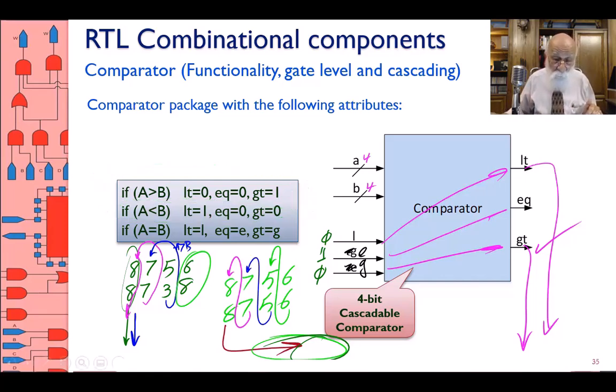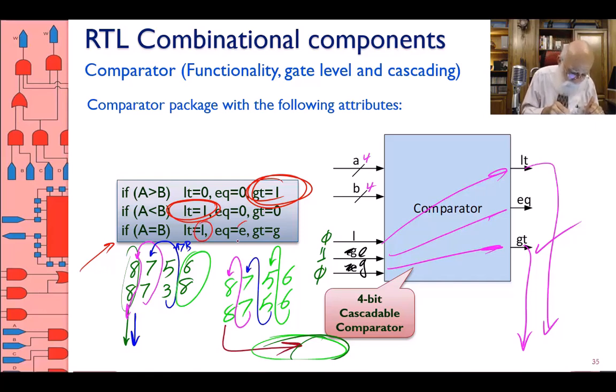You only listen to the guy next to you. This is GT is 1. This is LT is 1. You only listen to the guy to your right if A and B are equal. If A and B are equal, this digit is saying, I'm not making the decision. I take whatever is on my L input, E input, G input, and pass on to the LT output, EQ output, and the GT output.